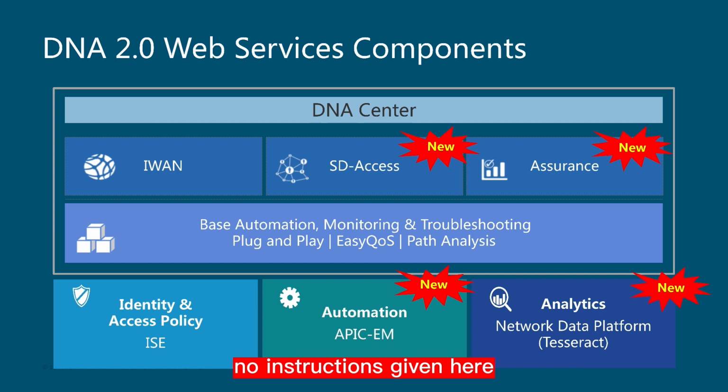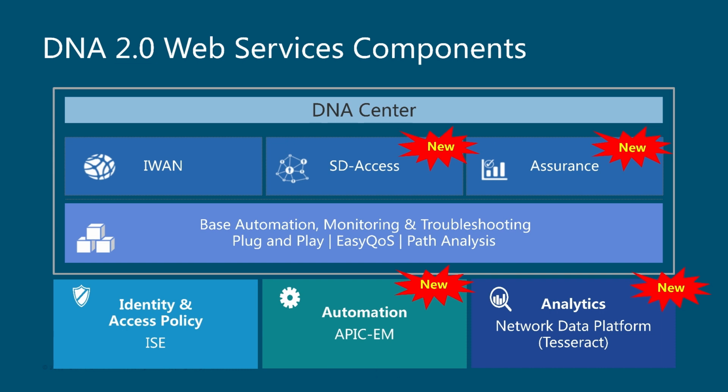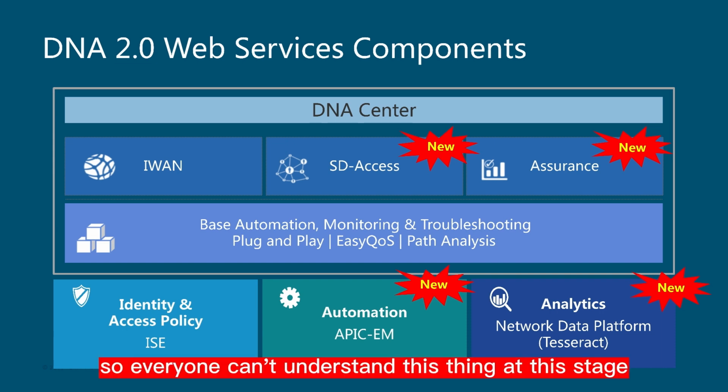No instructions given here. Specific to IE we'll talk about. The premise is that you have to learn every function in it first, in order to know what functions it is composed of. All basic technologies for non-enterprise networks. In fact, it was not mentioned in the NA stage. So everyone can't understand this thing at this stage.